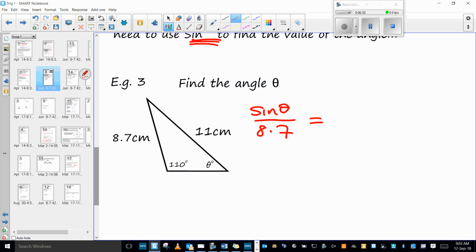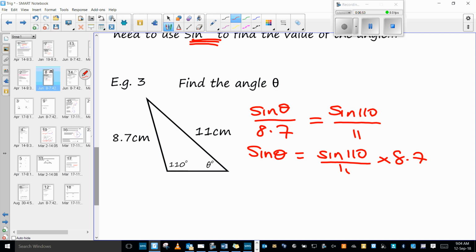Don't forget that your sines all go on the same level and your lengths go on the same level. So rearranging this, we've got sine theta equals sine 110 over 11 multiplied by 8.7. Don't stick that in the calculator and then round it. Remember, if you round too soon, then it goes horribly wrong.